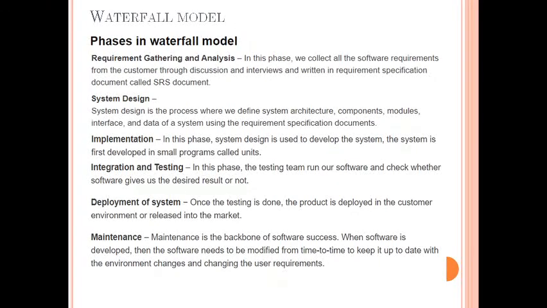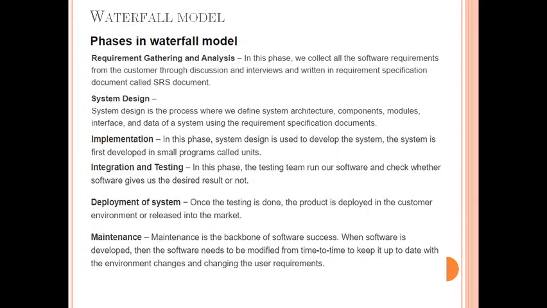We need to keep regularly checking whether the software is working fine or not. If any new version is required, we can update it. If any technology is required, we can update it. If any hardware component is required, we can update it. If other needs of the customer arise, we can again analyze and enhance that software.